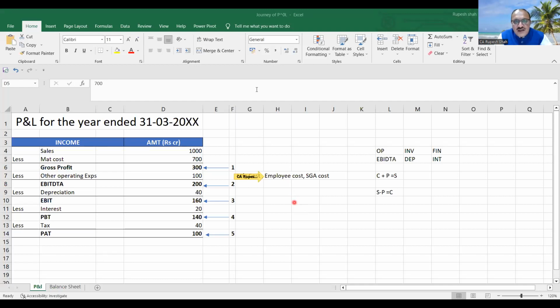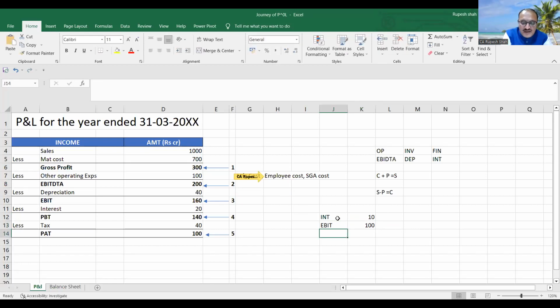Then Ashok ji is asking, what is coverage ratio in the bank? Now, coverage ratio means what we are talking about. If I'm trying to say my interest cost is say 10 rupees, and my profit, my EBIT, right? That means earnings before interest and tax is say 100 rupees.